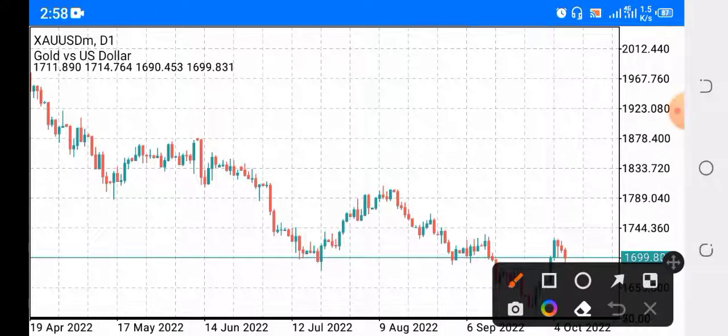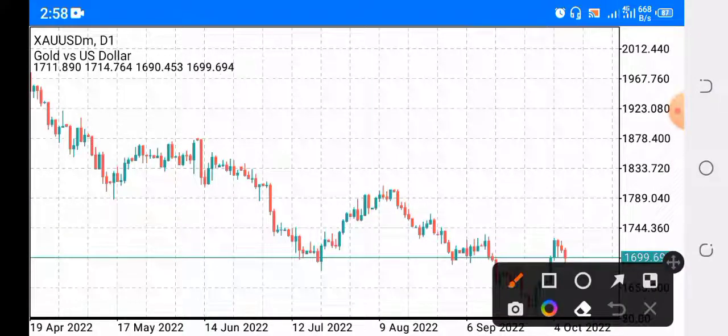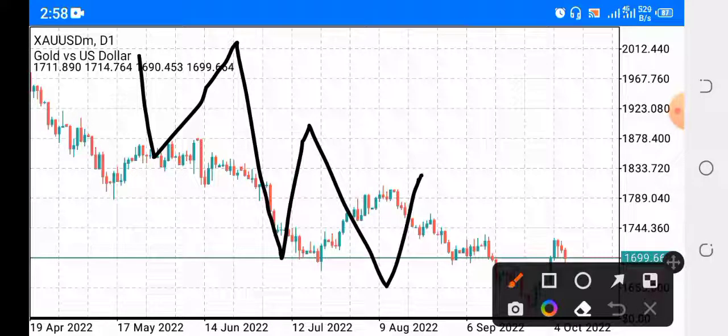An example of a downtrend, let me show you. This is an example of a downtrend, when the market is making lower lows and lower highs. A lower high, a lower low, a lower high, a lower low.